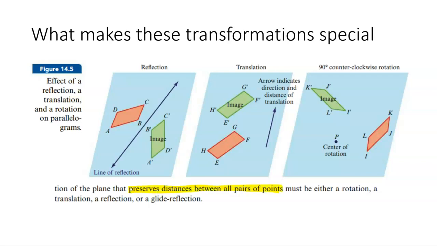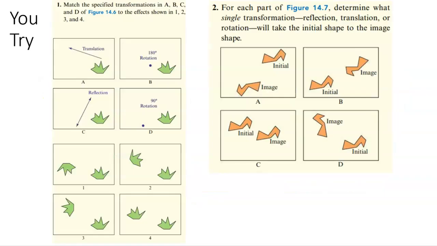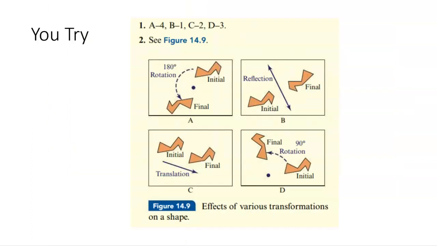When we do transformations, reflections, translations, rotations, and glide reflections, we are not changing the distance. That's why once we got one point, we could figure out the other points. That is what's really special about transformations. Go ahead and give these a try. Press play when you're ready to see the solution. And that concludes 14.1.